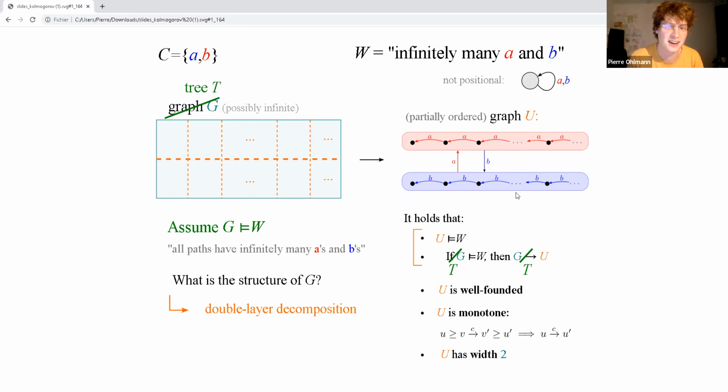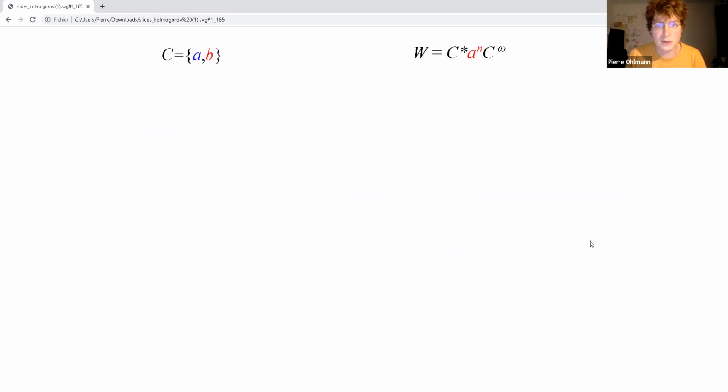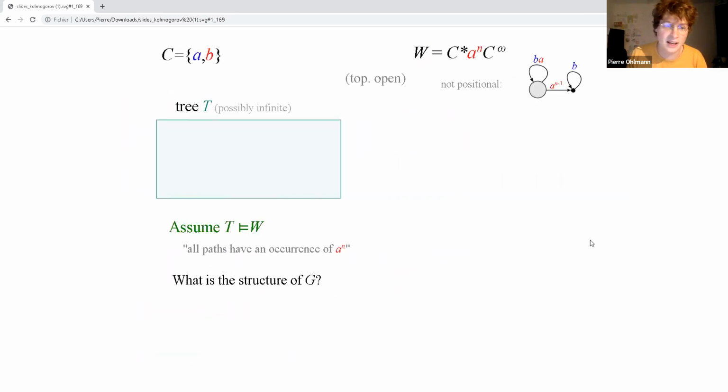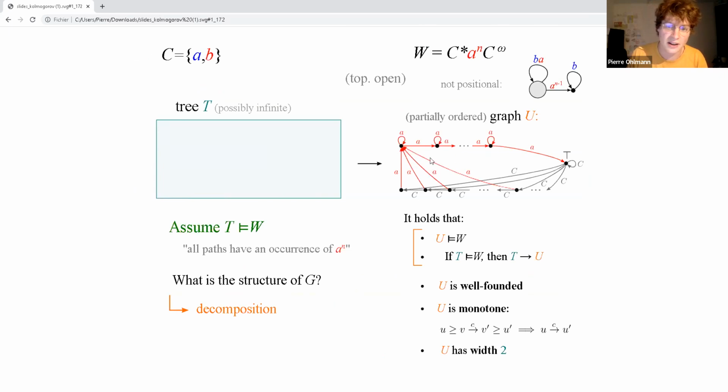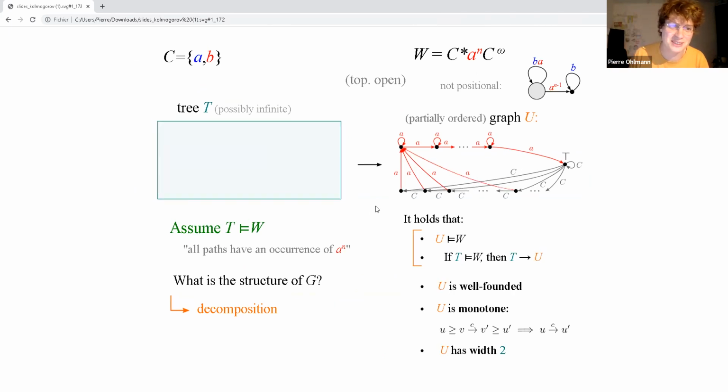But this is how it extends: you consider being universal for trees, and you look at the width of the order. Then here was another example, but I realized that my construction is wrong, so let's forget about it.